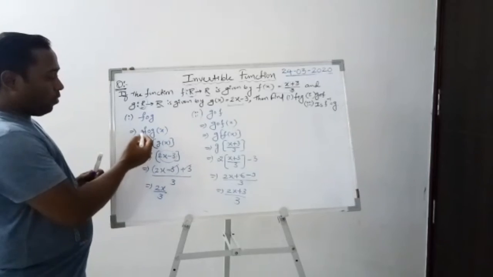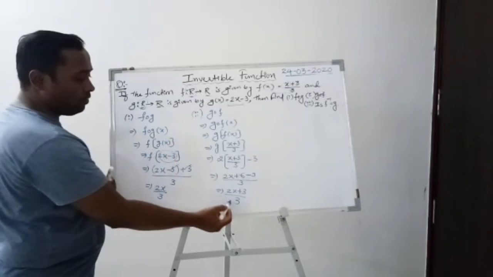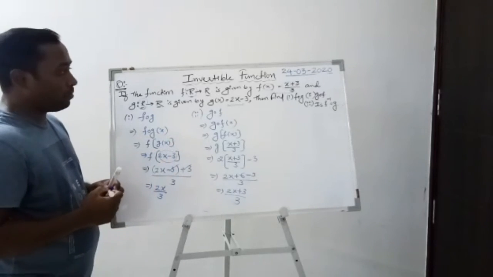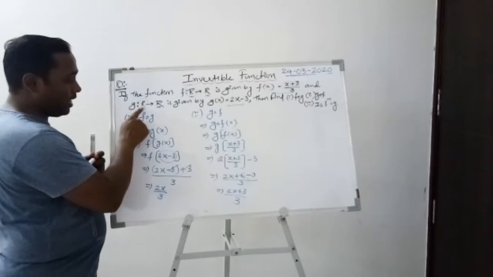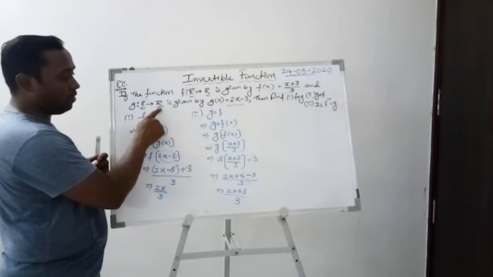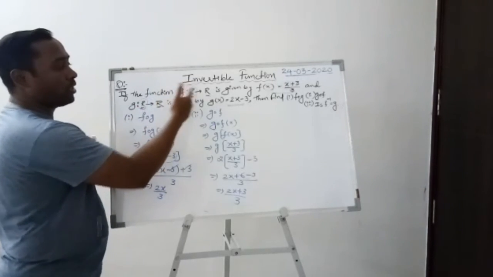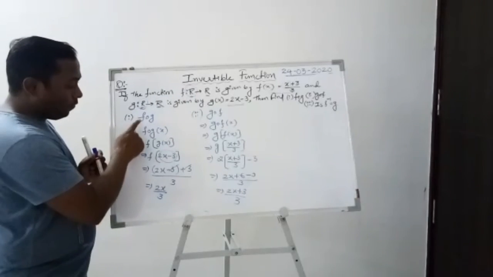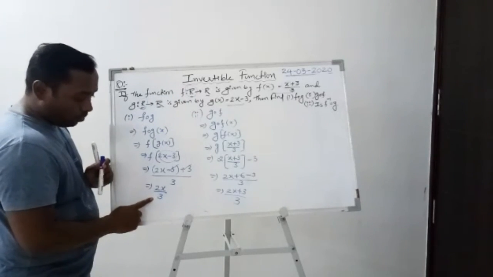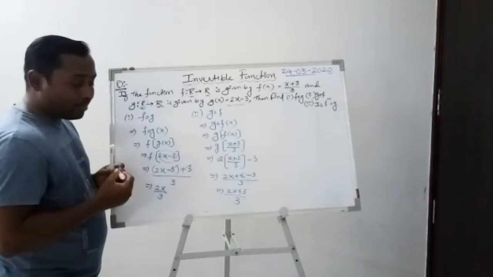If you observe, fog and gof will not give the value of x. Meaning when you substitute any x in the g function, you should get y, and if you substitute y, you should get x. But in the given two functions, fog will not give the identity and gof will not give the identity.